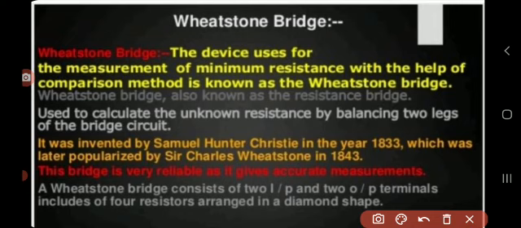The concept of Wheatstone bridge was given by Samuel Hunter Christie and was popularized by Charles Wheatstone in the year 1843. This bridge is very reliable as it gives the actual or the accurate measurement.